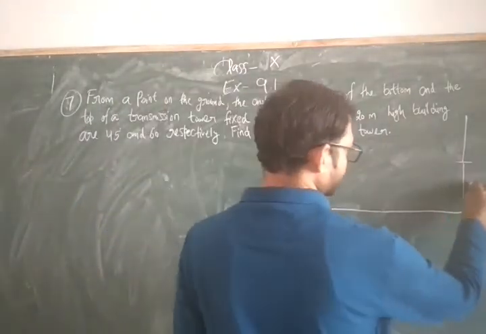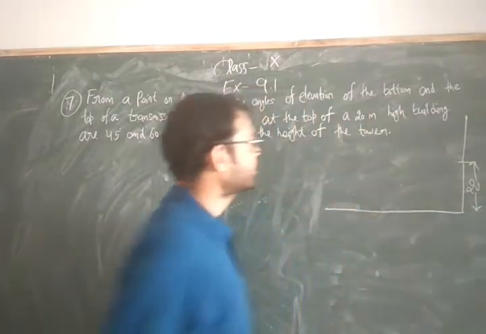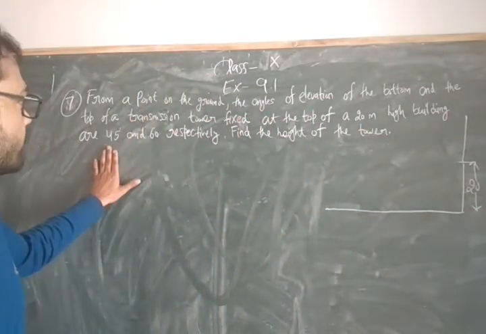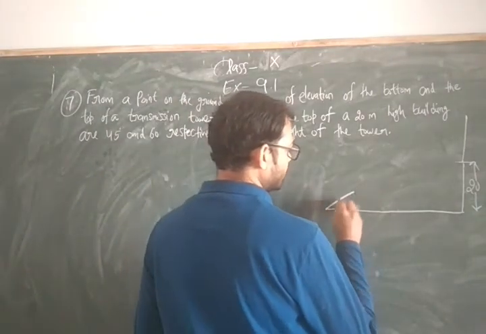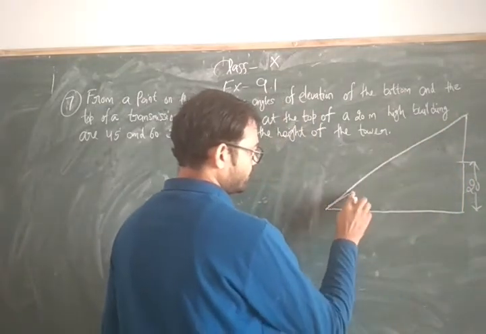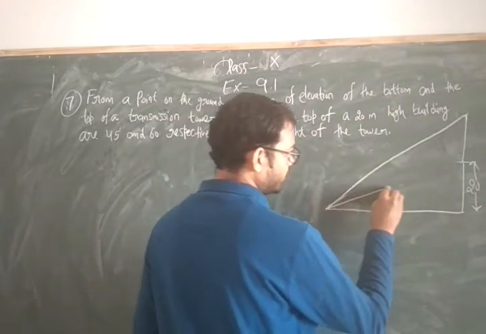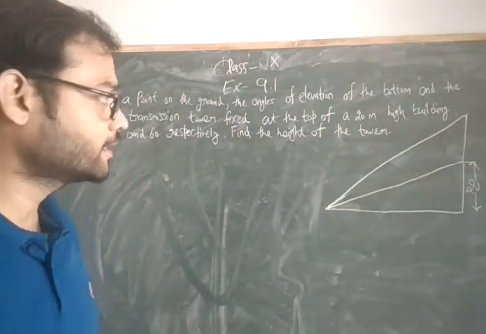So this height is given, 20 meter, okay, and the angles are 45 and 60. It means from this point one angle is here and the other angle will be here. Okay. So two angles are there.